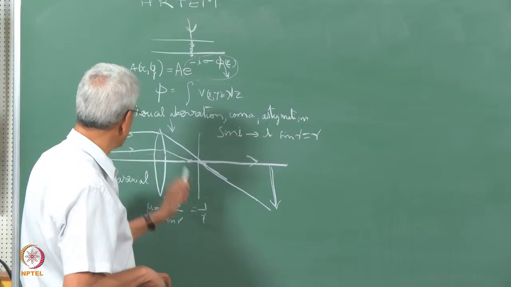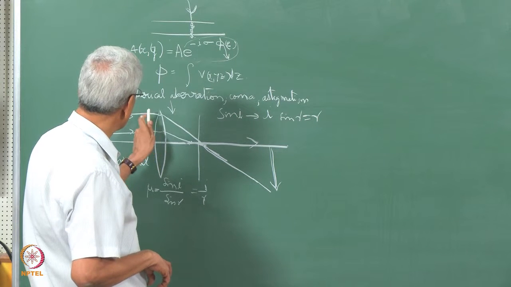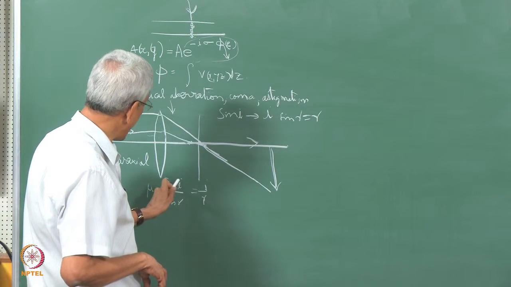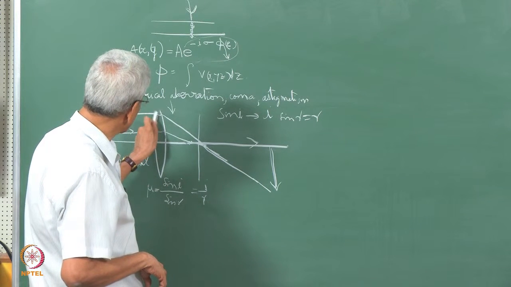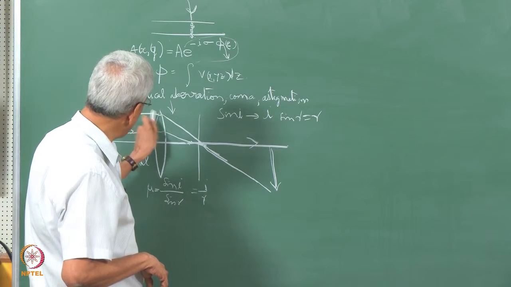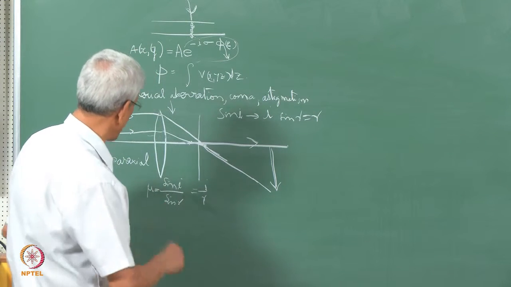What actually happens in reality is that for the rays which are far away from the optic axis, the angles i and r which the beam makes with respect to the lens are large, because of which this approximation is not valid.